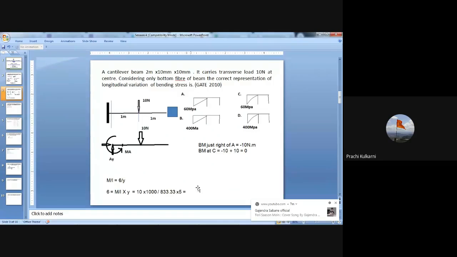The value of I is right, 833.33. You have taken the maximum bending moment differently. His calculation is right: 10 into 1000 divided by 833.33 divided by 5.